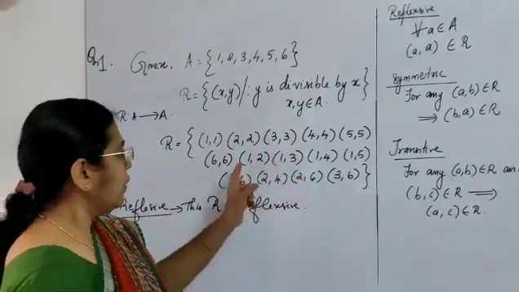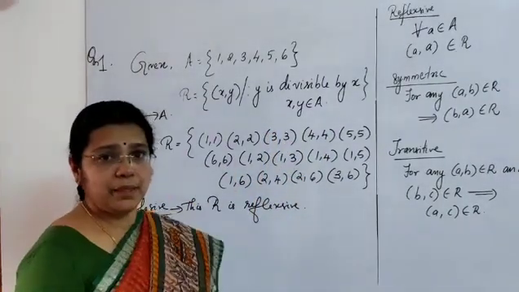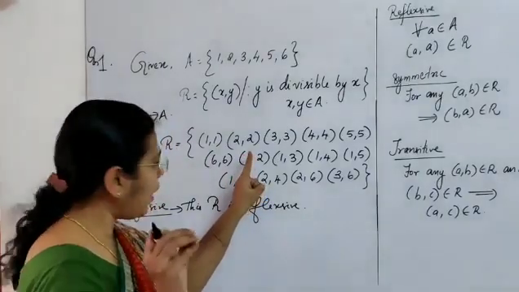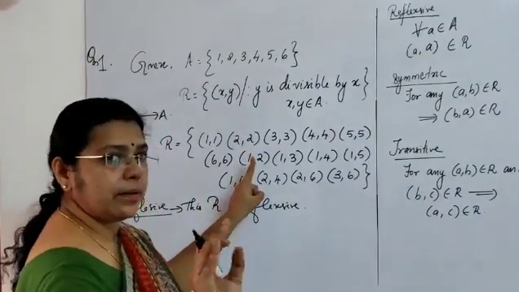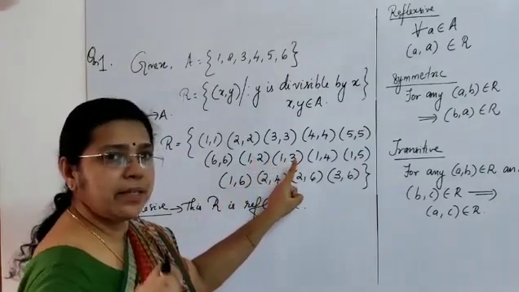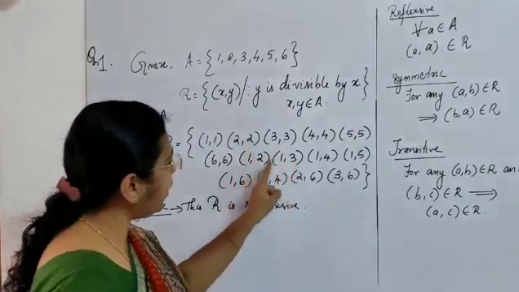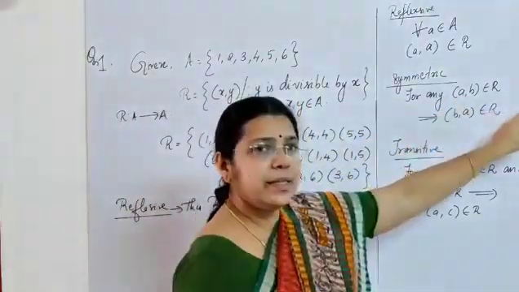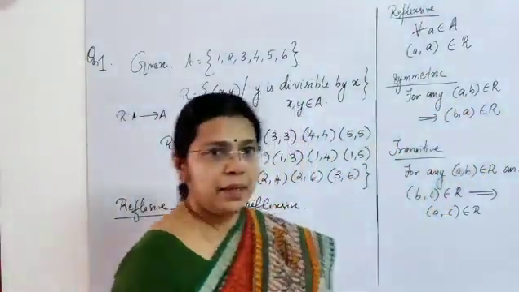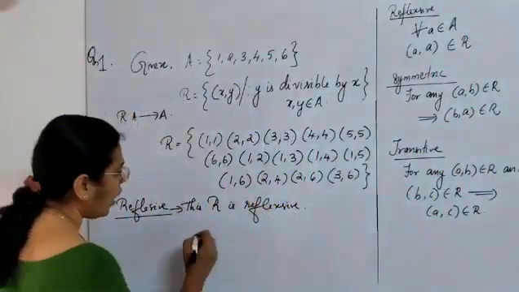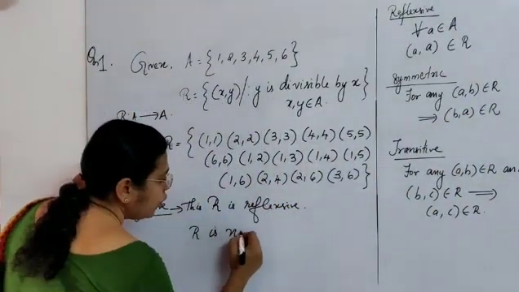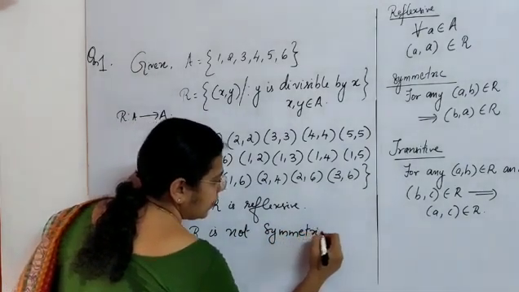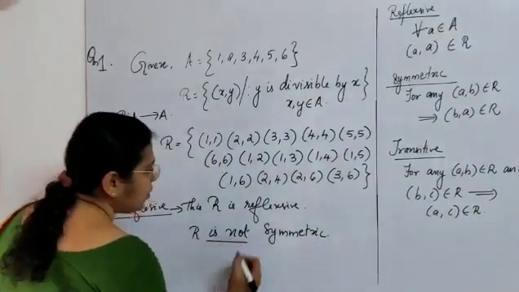No. For all (a, b) that you take in the relation, you must find (b, a). But here that is not there. So R is not symmetric.